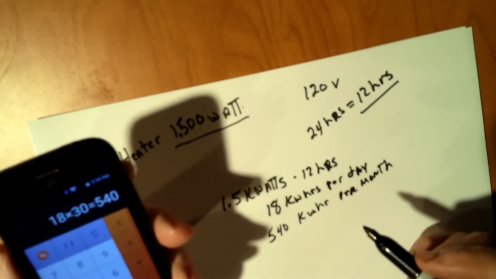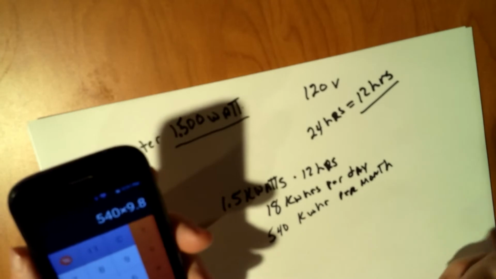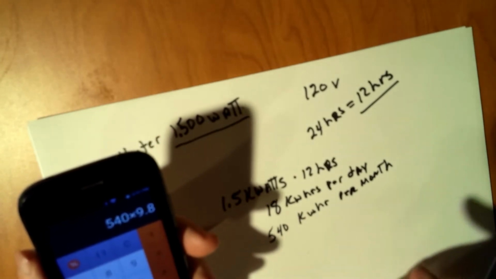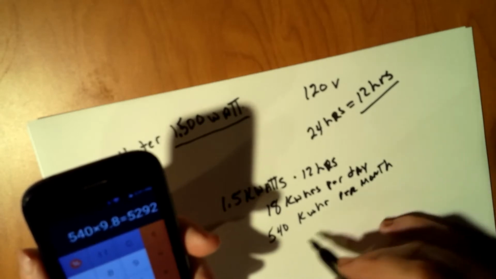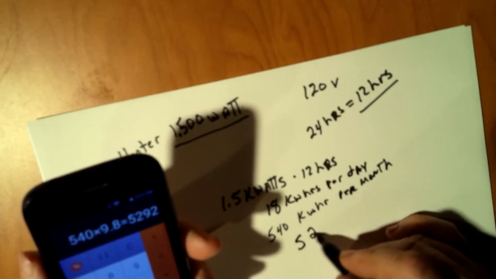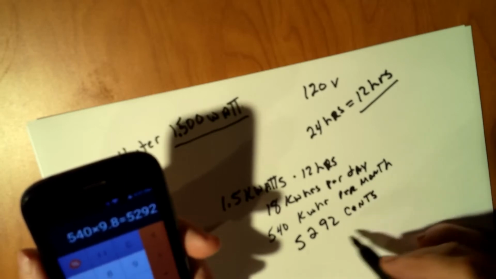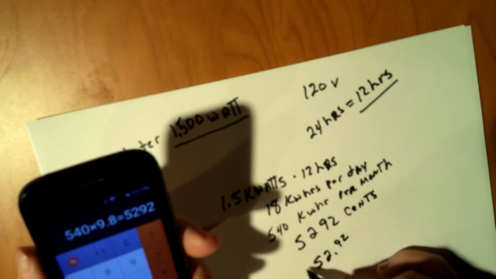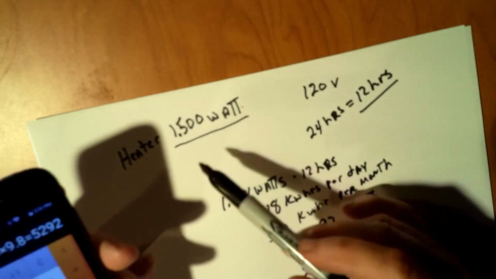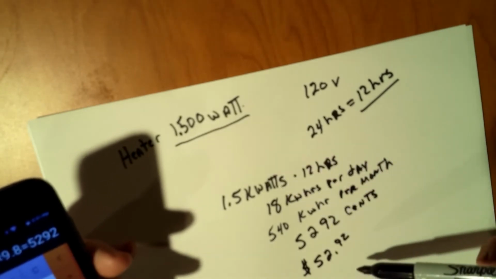Now, times 9.8 cents. I think mine's going up to 10 something, but right now it's still 9.8. So 9.8 cents, that's 5,292 cents. Move the decimal point 2 places. That's $52.92 to operate that 1,500 watt heater for a month.